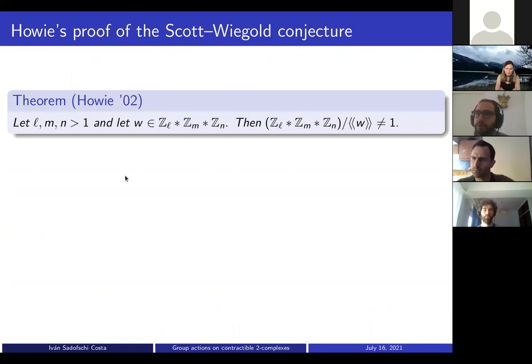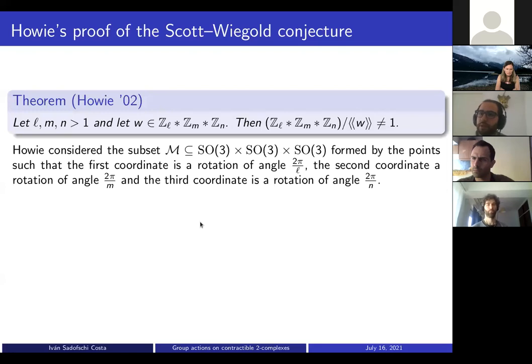So to prove this, we consider a subset of this product of 3 copies of SO3, which is given by the elements whose first coordinate is a rotation of order L, the second coordinate a rotation of order M, and the third coordinate a rotation of order N.